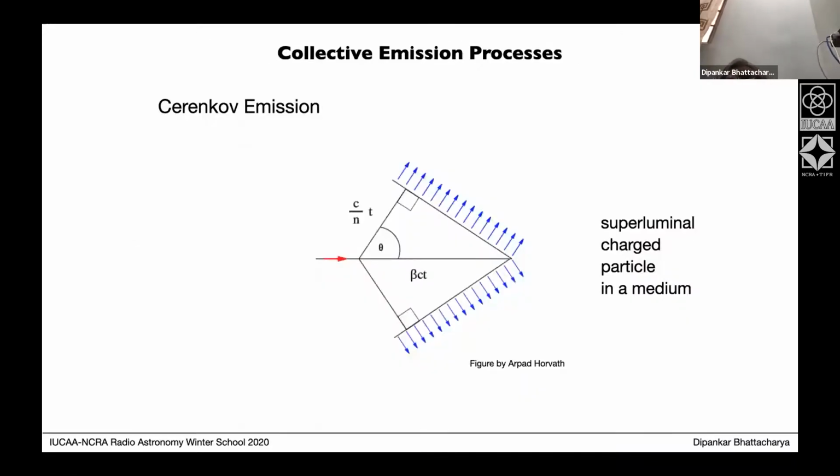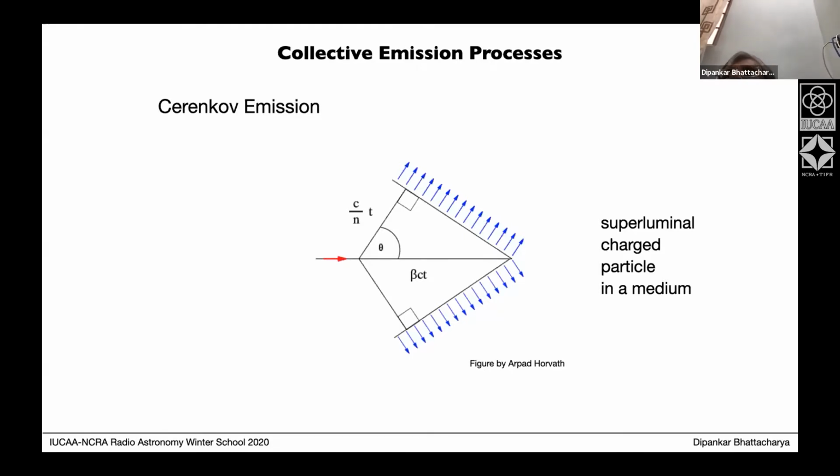So finally, I will end by mentioning some collective emission processes. So far, what we have been talking about is individual particles radiating because of their acceleration, or individual particles undergoing either nuclear scattering or radioactive decay and producing emission.